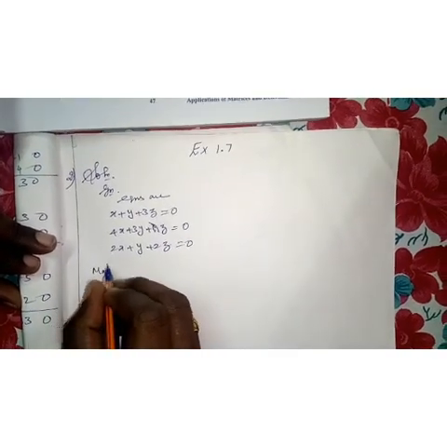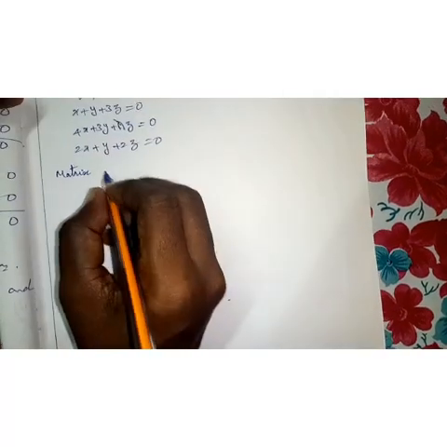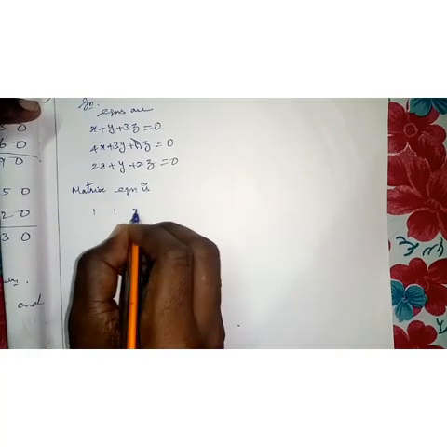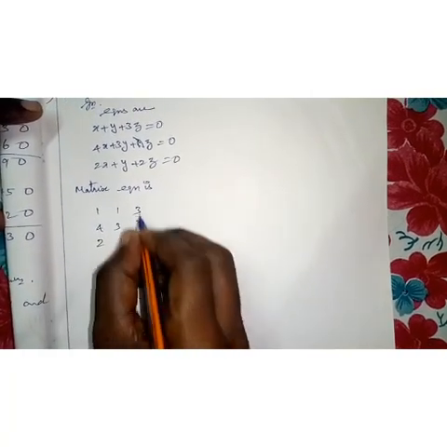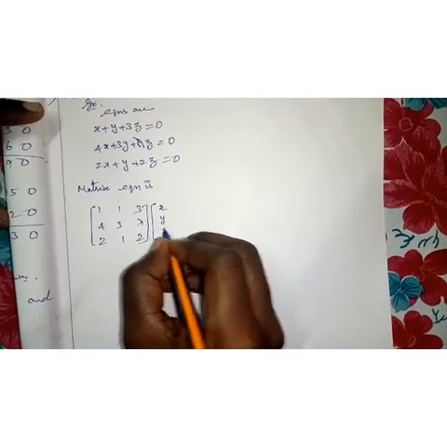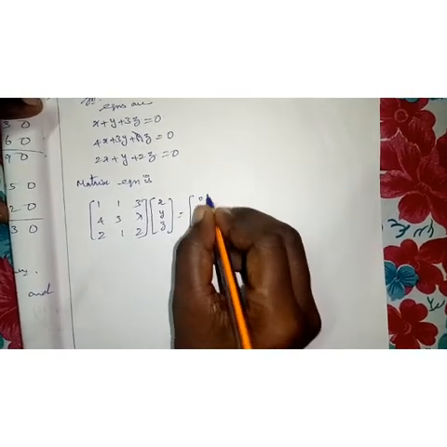Then we have to write the matrix equation: the matrix 1 1 3, 4 3 lambda, 2 1 2, times x y z, equal to 0 0 0.